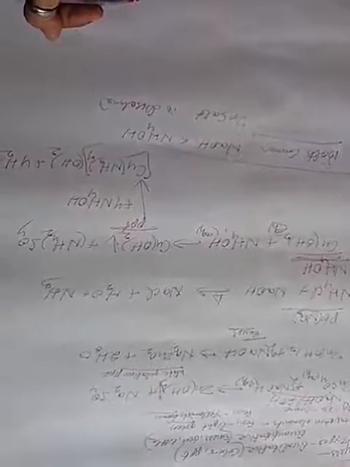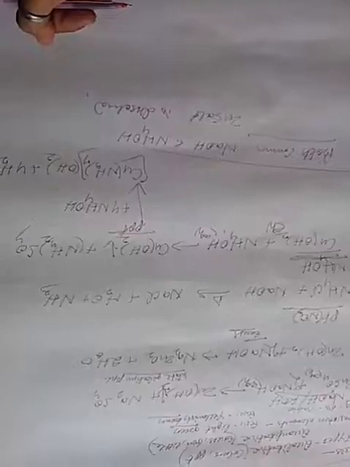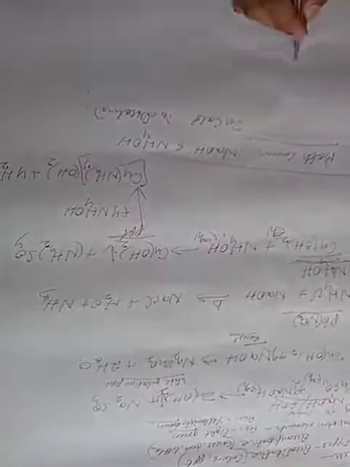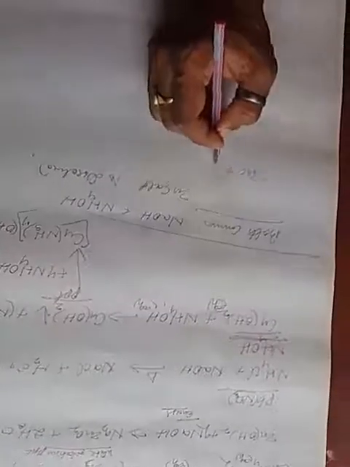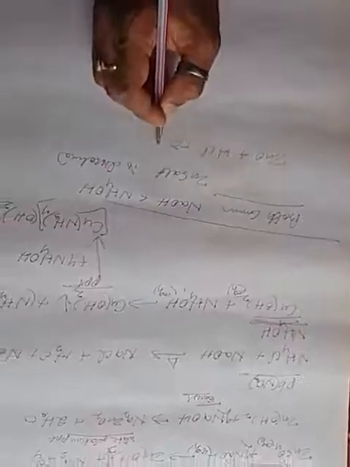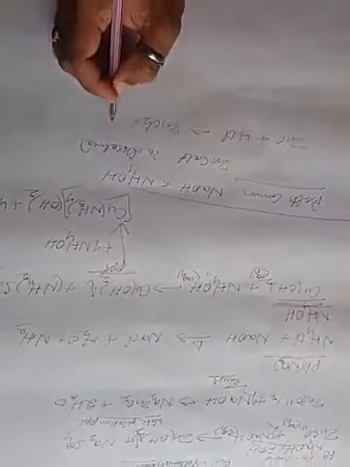Like aluminum hydroxide, sodium hydroxide, and lead hydroxide. These are the amphoteric oxides, and also there are hydroxides that when added with your base or acid, give salt and water. One example, zinc oxide plus HCl, it gives ZnCl2 plus water.